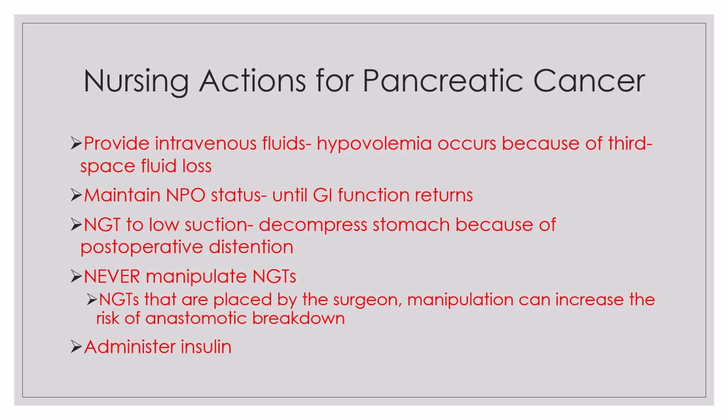NG tube to low suction, and this will decompress the stomach because of the post-op distension. We will never, ever manipulate that NG tube. NG tubes are placed by the surgeon. Manipulation can increase the risk of anastomosis breakdown, and we will administer insulin.